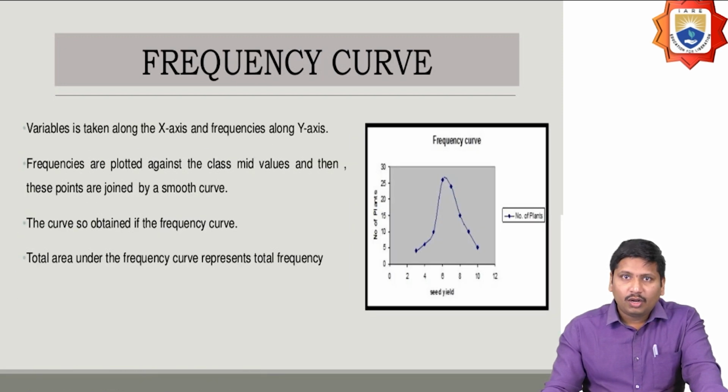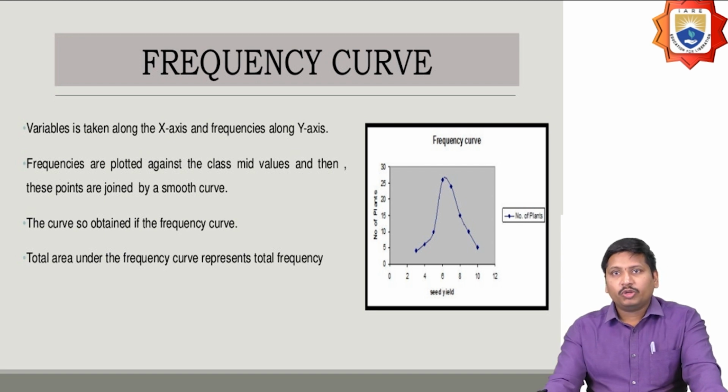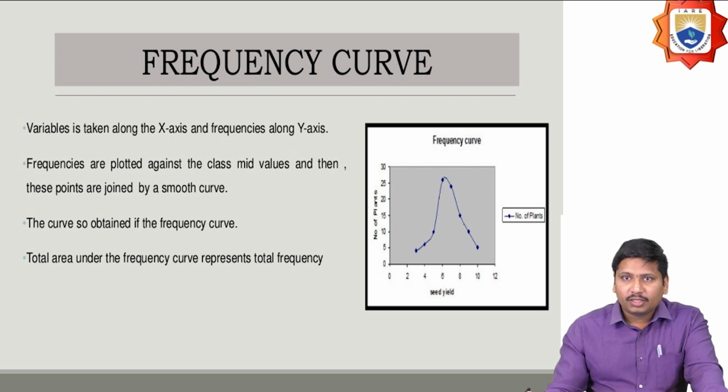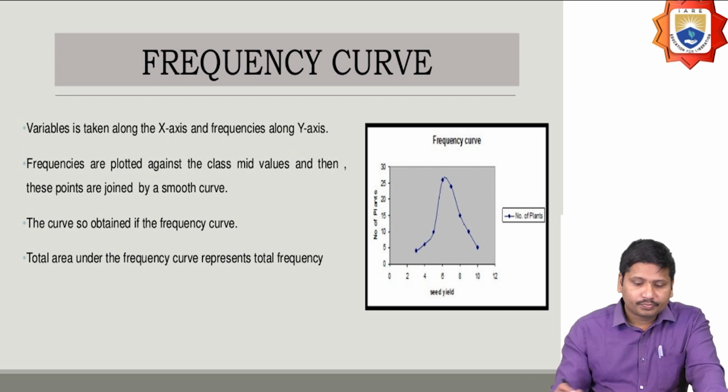And how is the frequency graph obtained here? The variables are taken on the x-axis and the frequency along the y-axis, and the frequencies are plotted against the class mid values, and then these points are joined by a smooth curve. The curve we obtain is called the frequency curve here, and the total area under the frequency curve represents the total frequency.